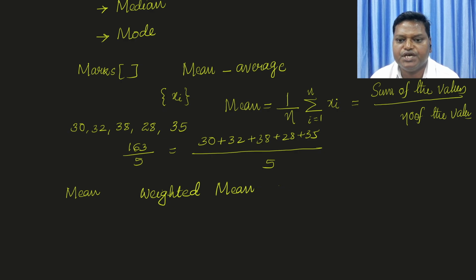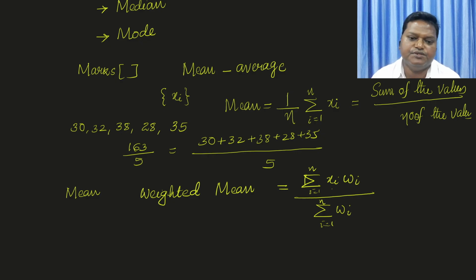In that case, we calculate sigma xi wi, where i is from 1 to n, the value xi multiplied by its weight wi, divided by sigma wi.